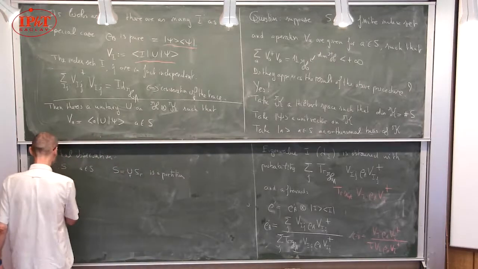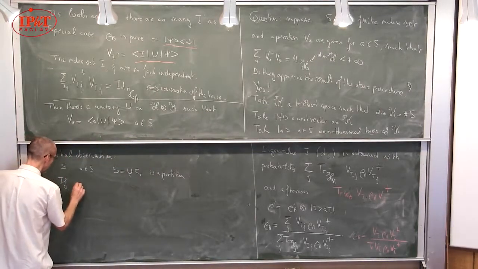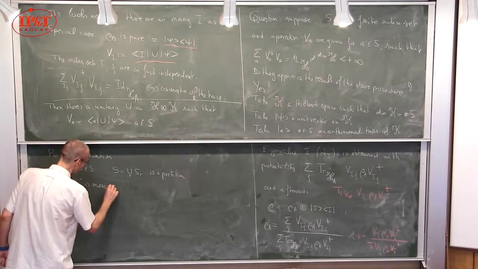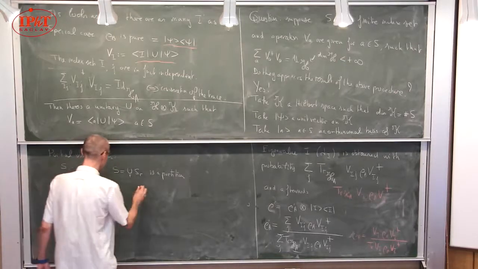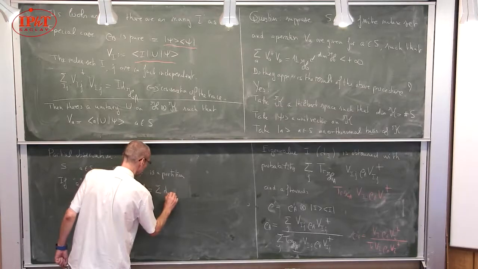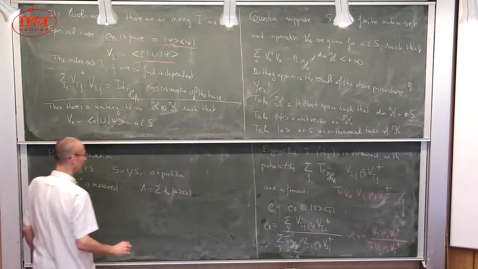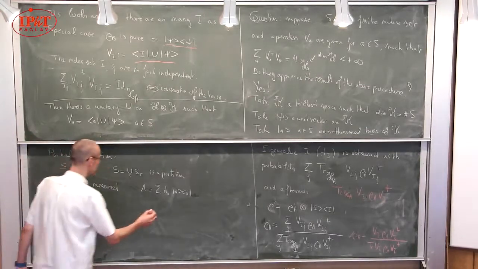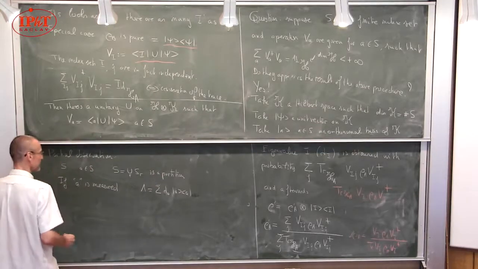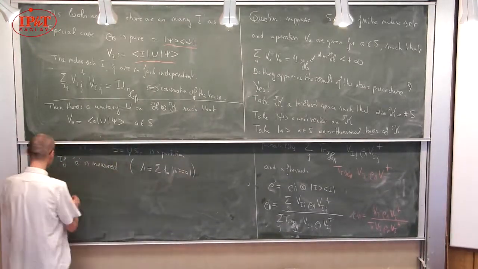And if A is measured, by this I mean that we have an observable lambda equal to the sum over A of lambda_A |A><A|, and so when I say A is measured, I mean lambda_A is measured.